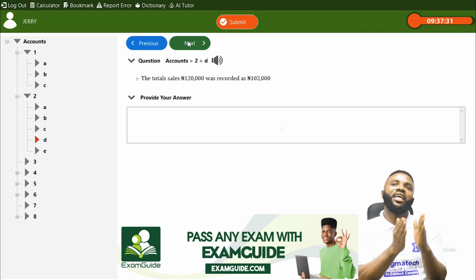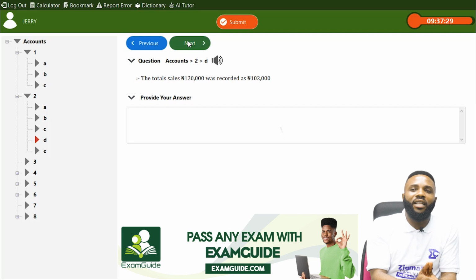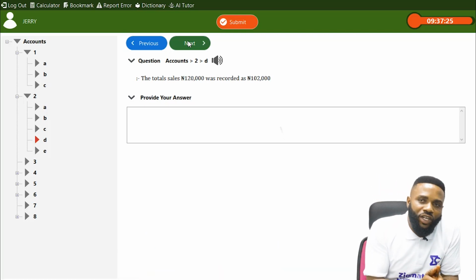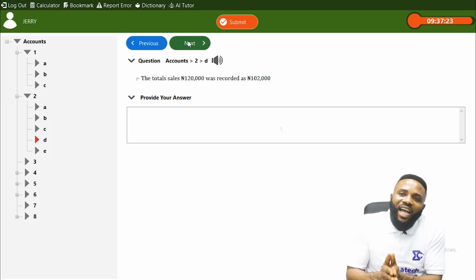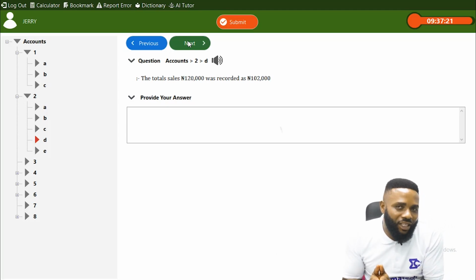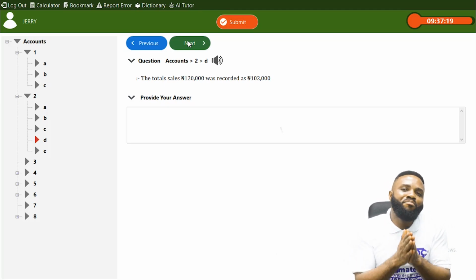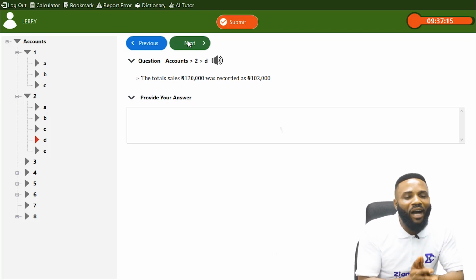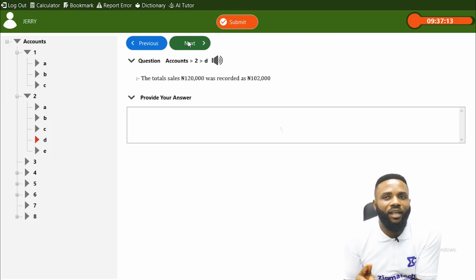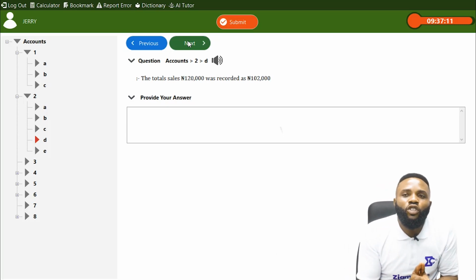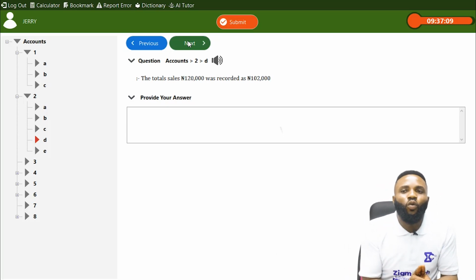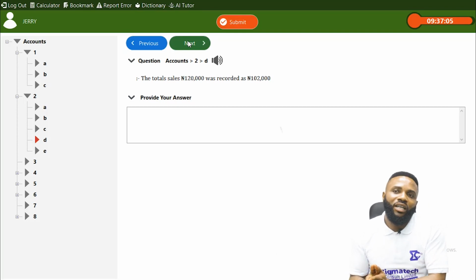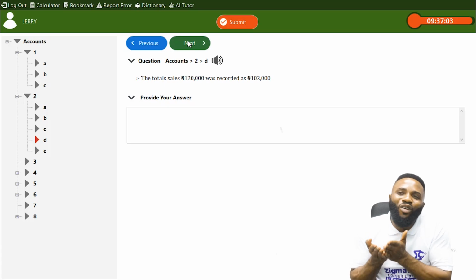Let's assume the debit side of the trial balance is supposed to be 500,000. The credit side is expected to be 500,000 as well. So anything that makes the transaction on the debit side reduce by any amount will affect the credit side. So the sales, which is supposed to be 120,000, was recorded as 102,000. That is to say that there is an undercast.